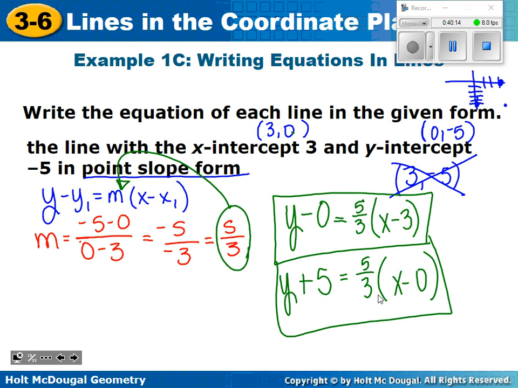Okay, and so they would be the same line if you were to graph them. Any questions on point slope form? Again, I would remind you, if I were giving you these equations and you were picking out the point, it's the opposite. So +3, 0, 0, -5. Okay, so make sure you're changing those signs.